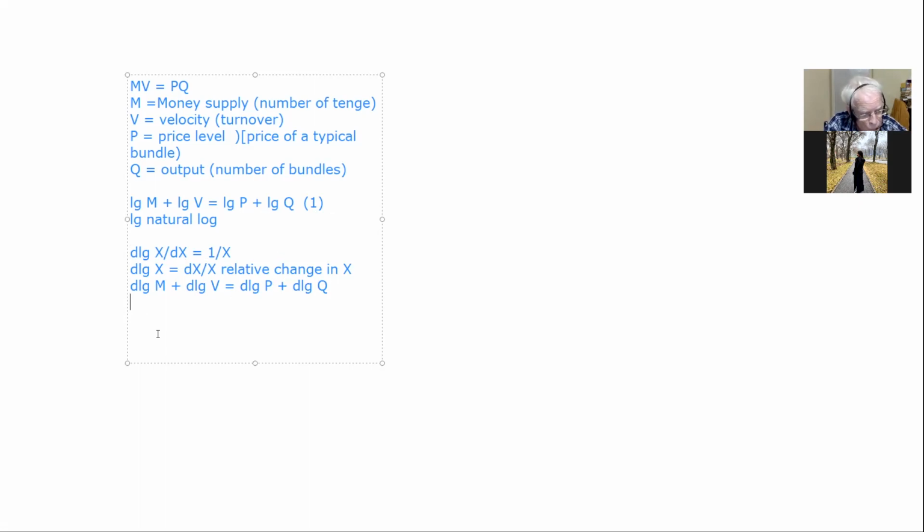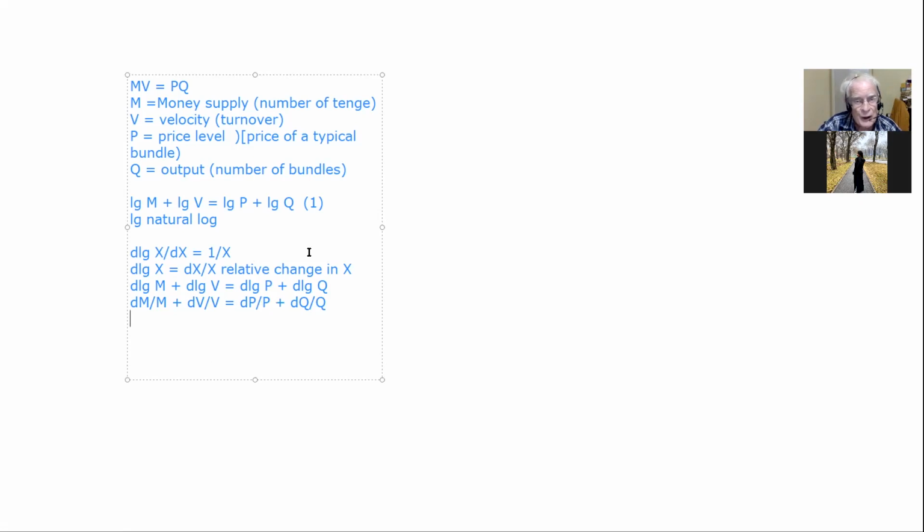So we have the rate of change in M plus the rate of change in velocity equal to the rate of change in prices plus the rate of change in Q. You don't need to memorize the derivation.